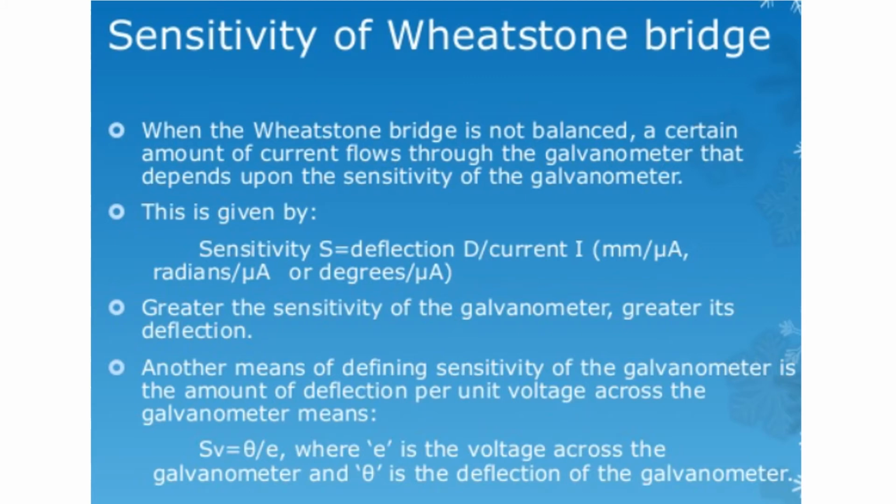Another measure of sensitivity is the deflection per unit voltage across the galvanometer. That means SV is equal to theta by E, where E is the voltage across the galvanometer and theta is the deflection of the galvanometer.